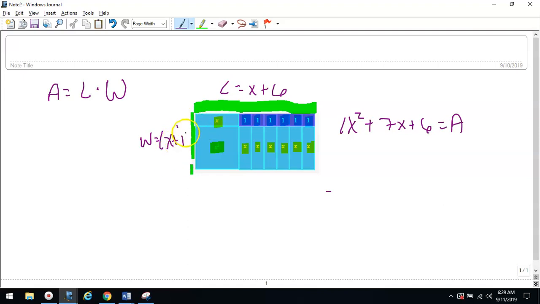Okay, and I had that in parentheses, I'll put them both in parentheses. So when we rewrite the area as the length times width, we're going to rewrite it as the area is equal to the length, which is x plus 6. Did I say the length plus 6? I meant length times width, duh, times x plus 1. So now I have the area written in 2 different ways.